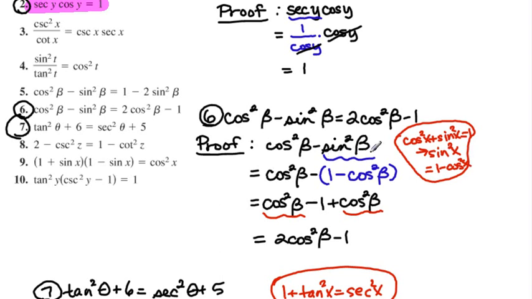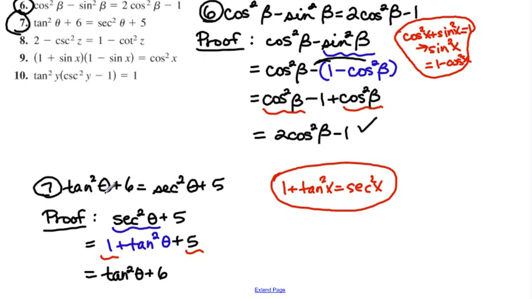So in place of sine squared beta, we're going to replace that with 1 minus cosine squared beta. And now we can distribute the negative outside that parentheses to have cosine squared beta minus 1 plus cosine squared beta. Now we have like terms, so cosine squared beta plus cosine squared beta is 2 cosine squared beta minus 1. And notice that we have obtained the right side, so we are done.